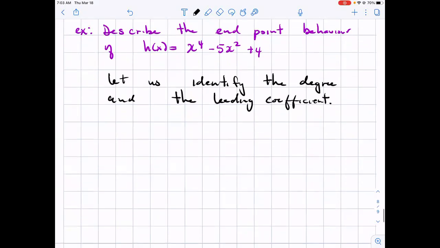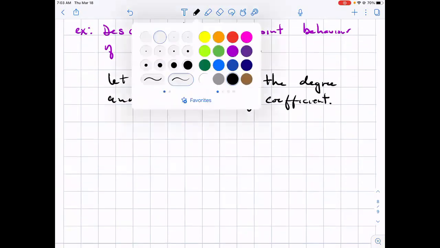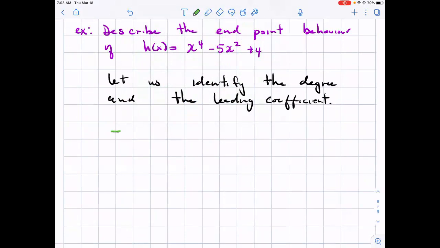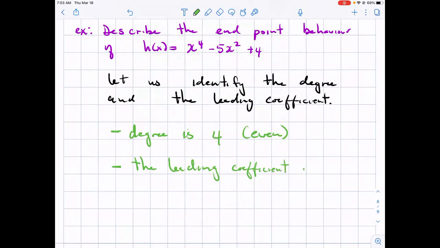Here we have the degree is 4, even, and the leading coefficient is positive.